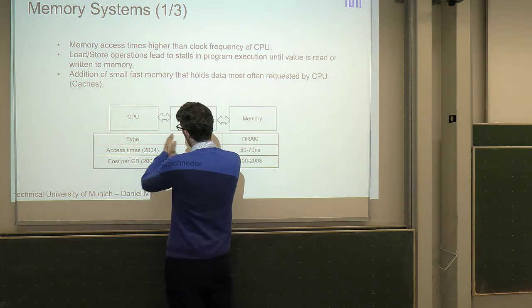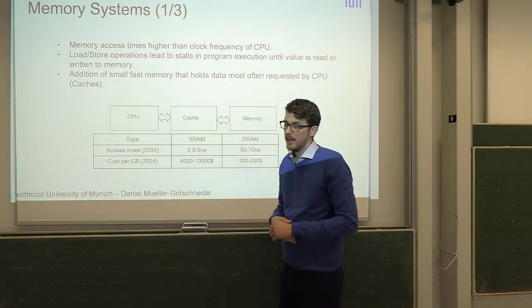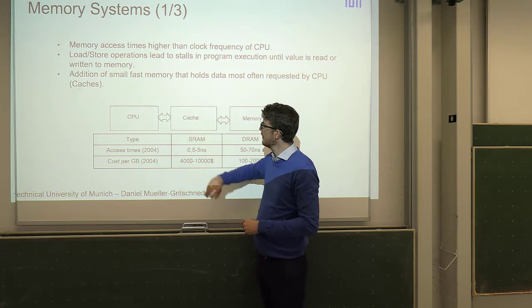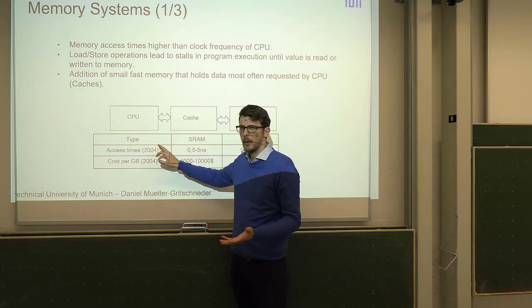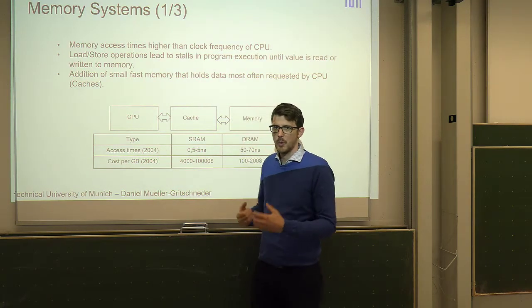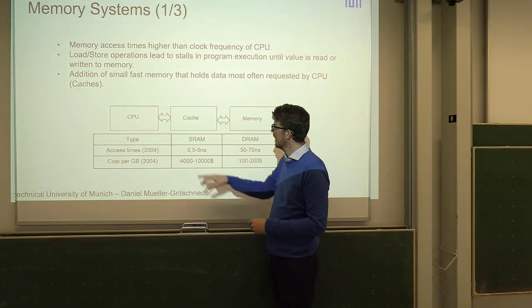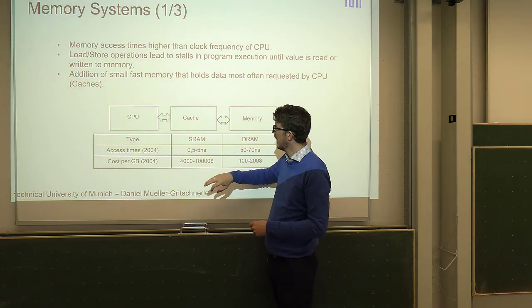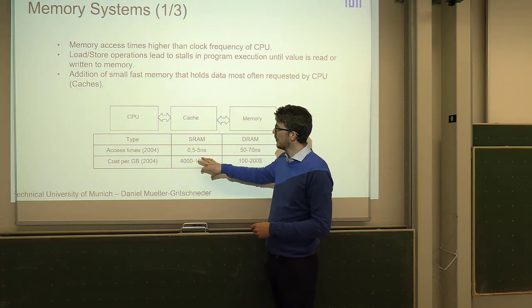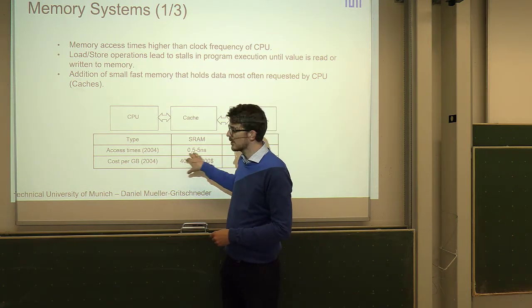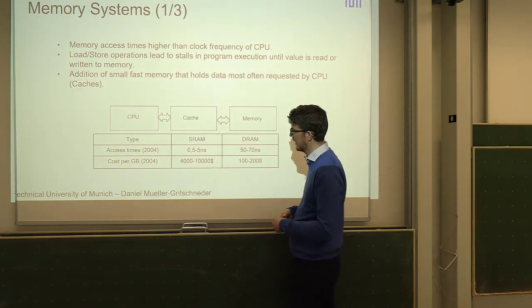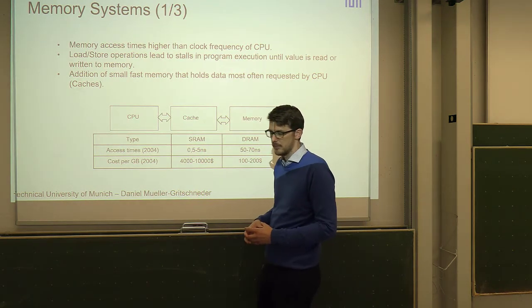Then on the next level, usually we have some caches. The caches are usually on-chip SRAM, embedded SRAM, so they can be accessed very fast, and you can see these are already very old numbers, but they show you relatively what's happening: you can access them very fast, right? But they're also very expensive, right? So you can't put a gigabyte of SRAM on your chip. Much too expensive. So these SRAM caches must be very small.